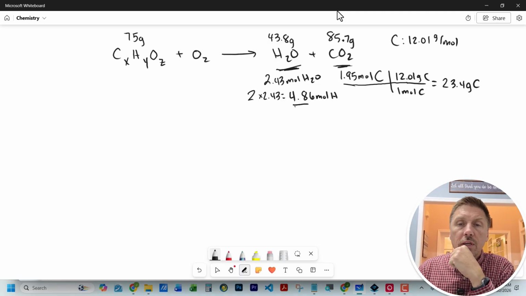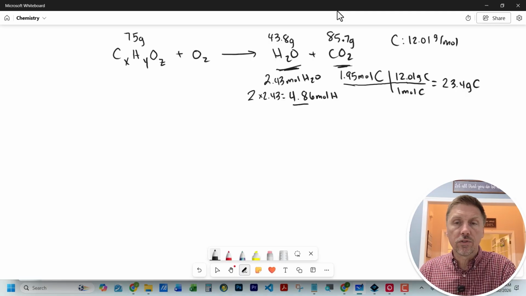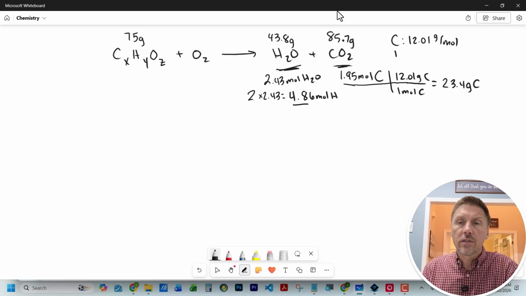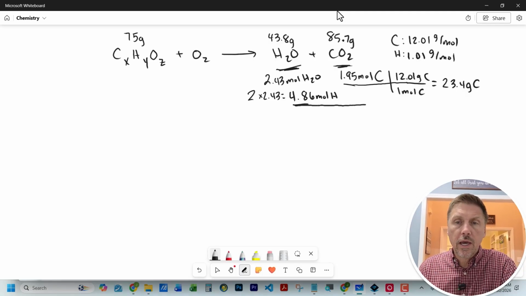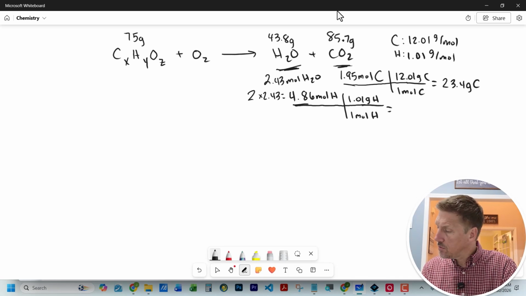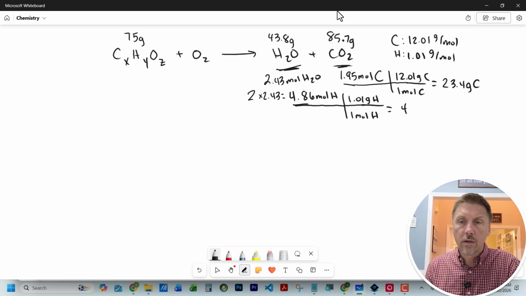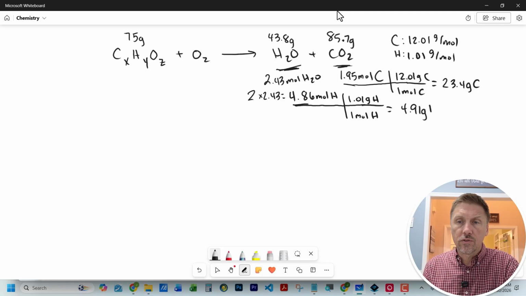Then doing the same calculation with the hydrogen, knowing that hydrogen has a molar mass of 1.01 grams per mole, again taken directly from the periodic table, we put 1.01 grams on top divided by 1 mole of hydrogen on the bottom, and that gives us 4.91 grams of hydrogen.